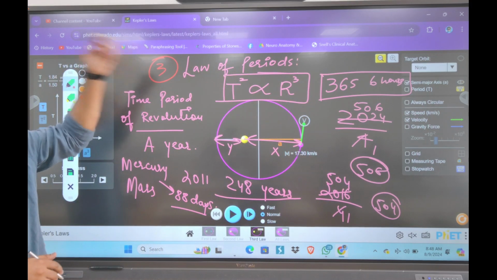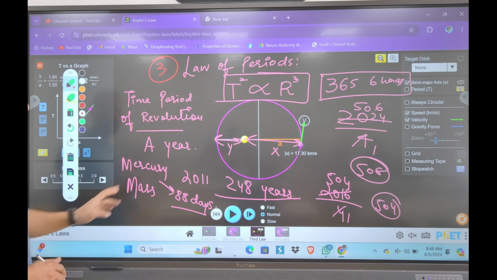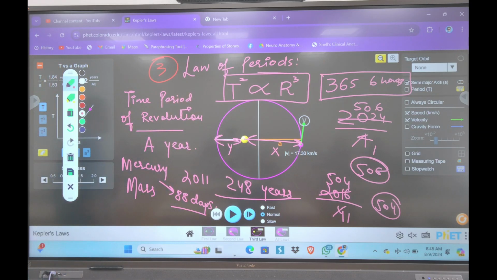Now, the law of the periods. Just take a picture because I want the space, I want to write something. Write it down.